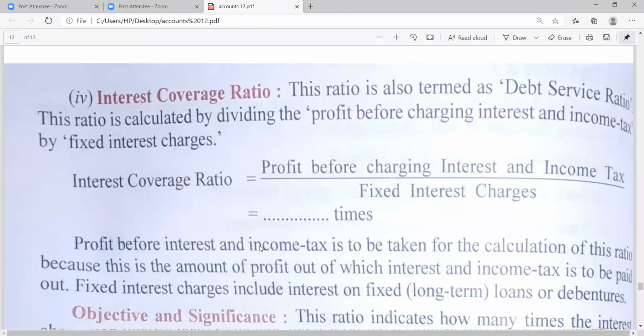If you are able to calculate debt, total assets, and equity, you can put all those values in the respective formula and calculate the ratio. Mind it, the interest coverage ratio formula is quite different from all those three. In this, we require profit before interest and income tax, and whatever fixed interest is charged by the company. And this ratio is shown in times.